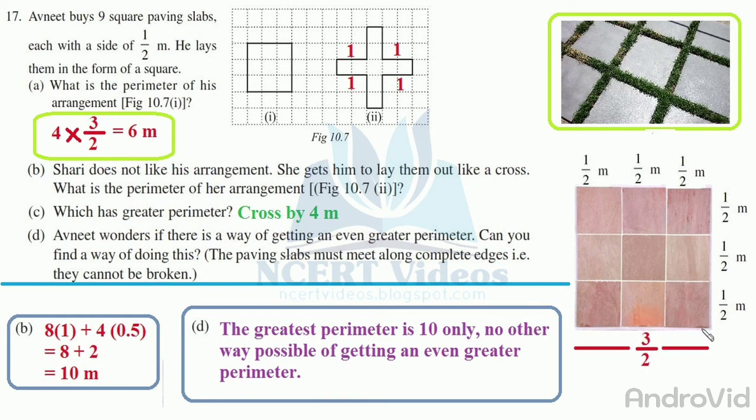Again, it will be a square made up of 9 paving slabs. So what is the perimeter of this arrangement? So he lays in this fashion as we have shown in this figure. So 3 by 2 into 4, because 4 into side is the formula for square. So 2 into 4 is 12 by 2, which is 6 meter. That is your perimeter.